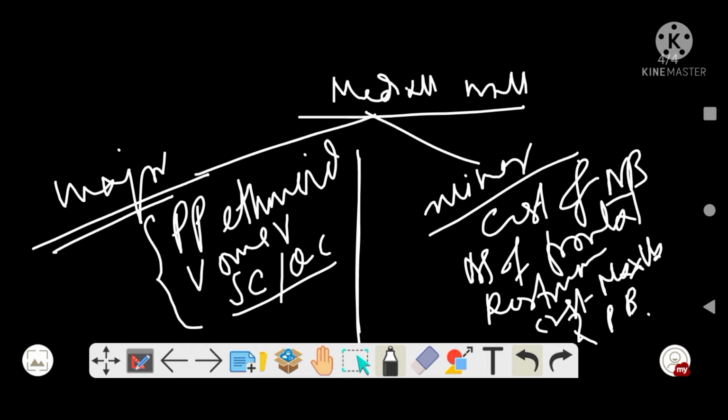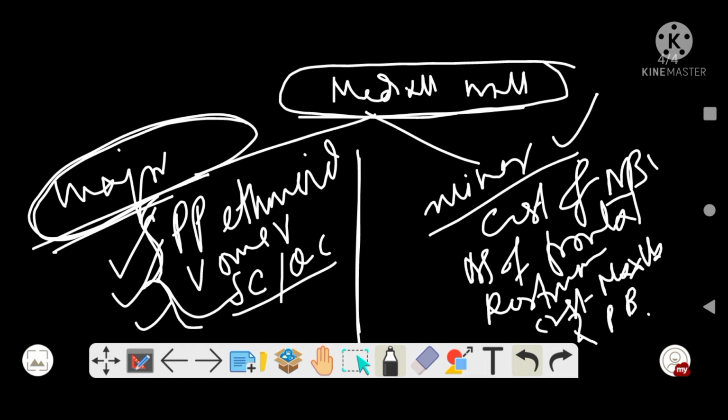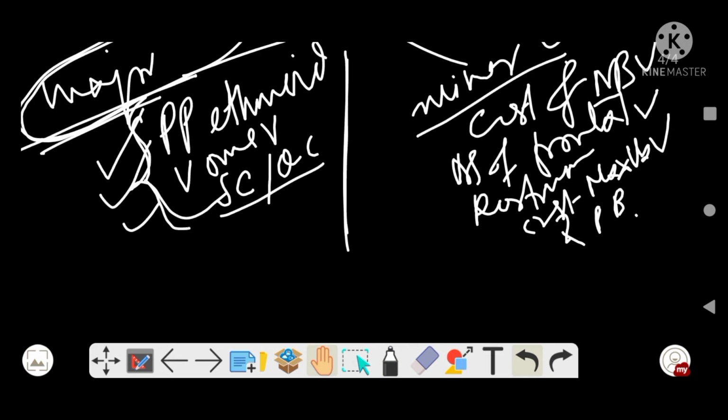All that we saw in the diagram. So for the medial wall of nose, major contributions are the perpendicular plate of ethmoid, vomer, quadrilateral cartilage or septal cartilage. Minor contributions are the crest of nasal bone, nasal spine of frontal bone, rostrum of sphenoid, crest of maxilla and crest of palatine bone. I hope you will not make a mistake from here.